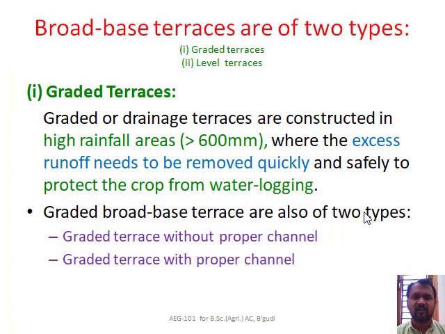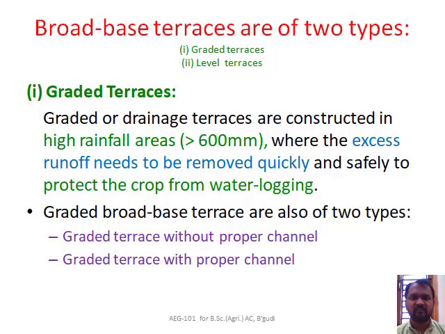Again it is subclassified into two groups: first one graded terraces and second one level terraces. These graded terraces or drainage terraces are constructed usually in very high rainfall regions, where the rainfall is more than 600 mm, where the excess runoff needs to be removed quickly.